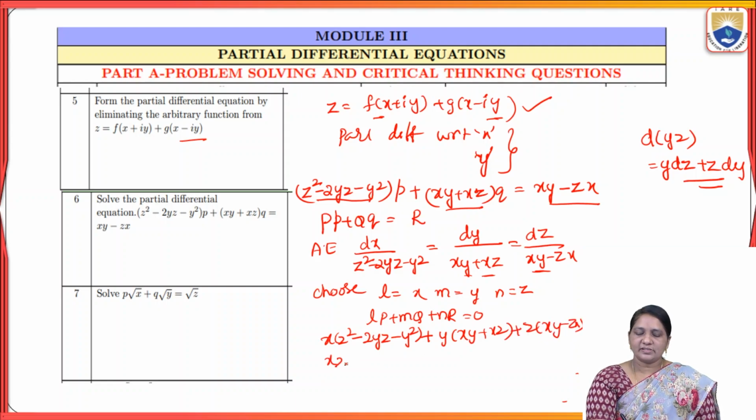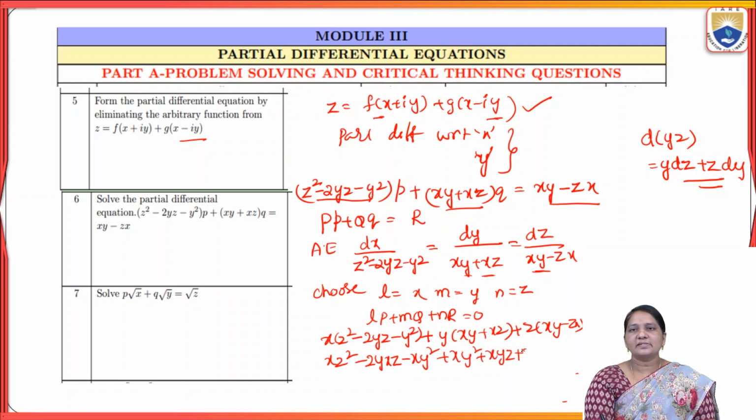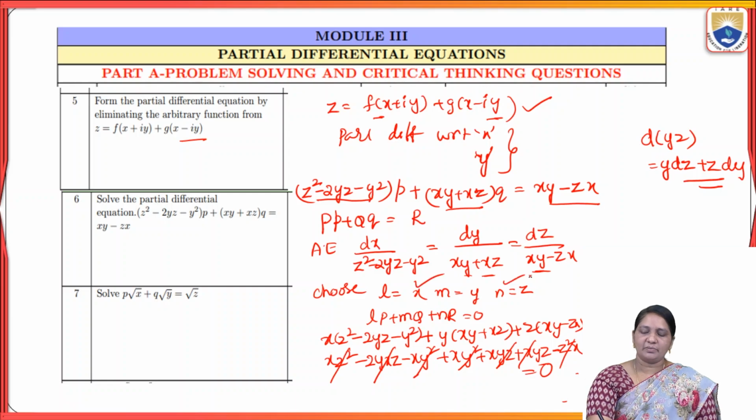So this is xz square minus 2xyz minus xy square, plus xy square plus xyz plus xyz, minus z square x. So xz square minus xz square, minus 2xyz plus 2xyz, plus xy square minus xy square, we are getting 0. That means these are the multipliers.